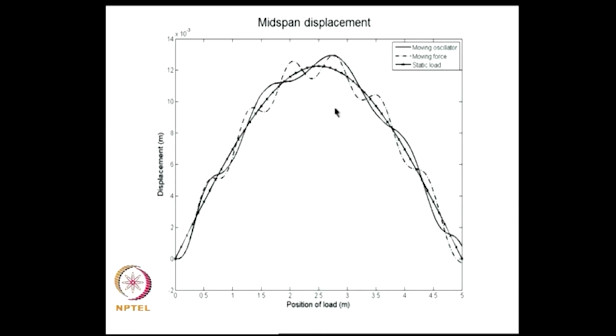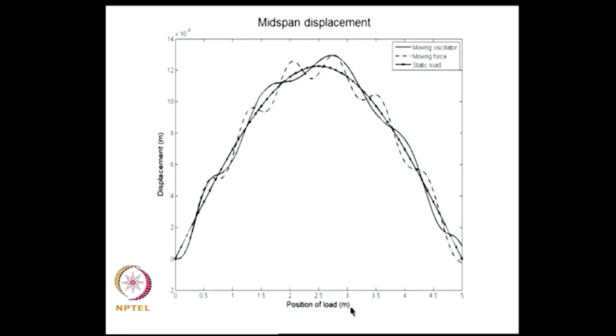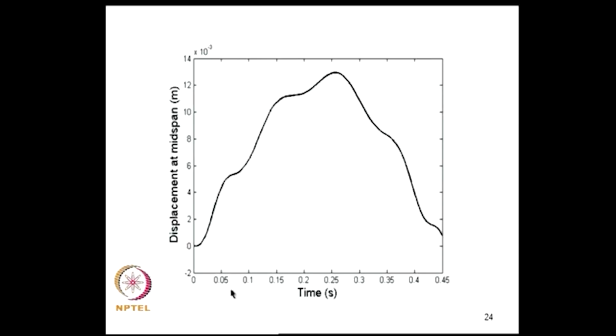The full line is a complete coupled dynamic analysis, and these results are specifically designed to show the reasonableness of the algorithm developed and the calculations performed. This is the midspan displacement as a function of the position of the load, and this is the same response now plotted as a function of time. So, this is just an illustration of the formulation that is developed.